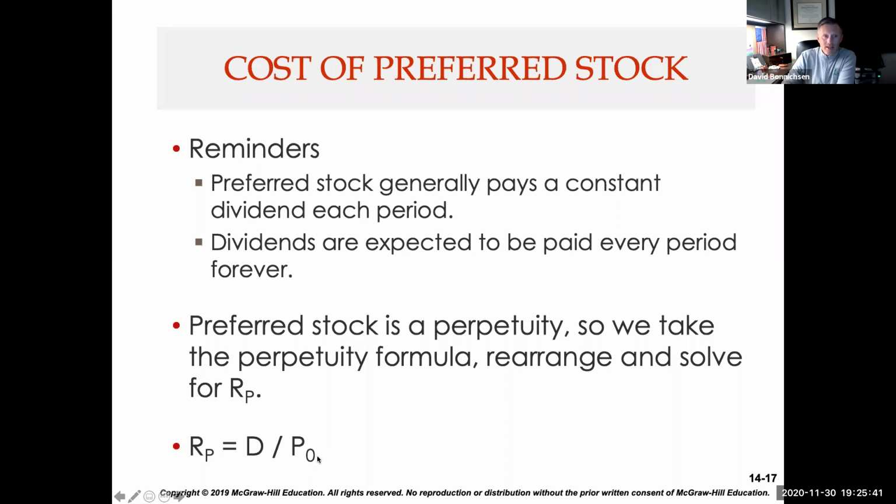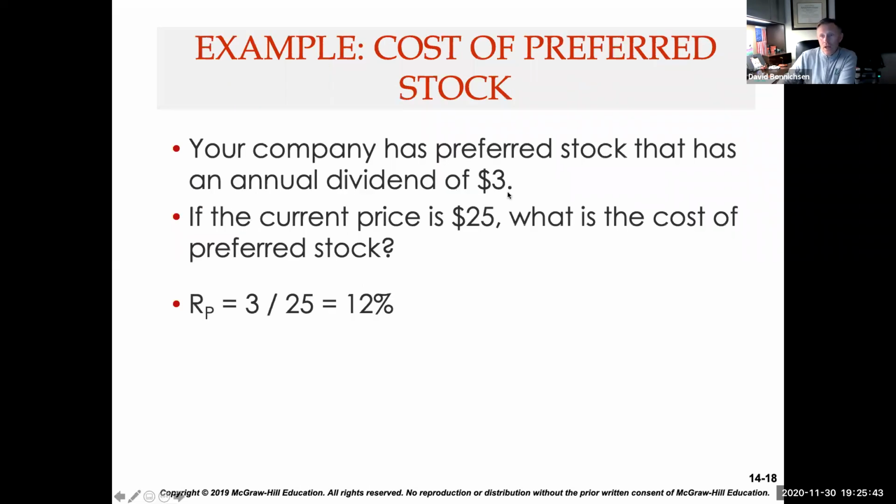In an example, a company that has an annual dividend of $3 and a current stock price of 25 should give an expected return of 12%. So 3 divided by 25. That would be the cost of the preferred stock.